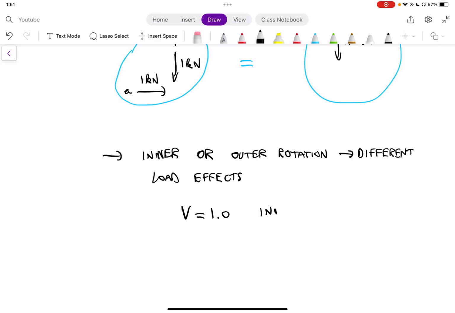But V is 1.0 if you have an inner ring rotation. V is going to be equal to 1.2 for outer ring rotation.